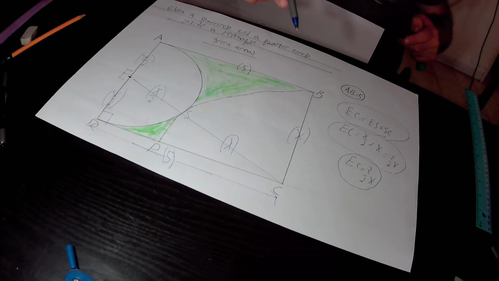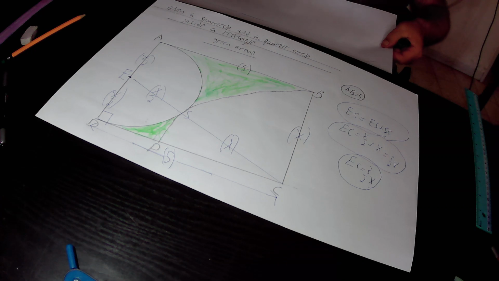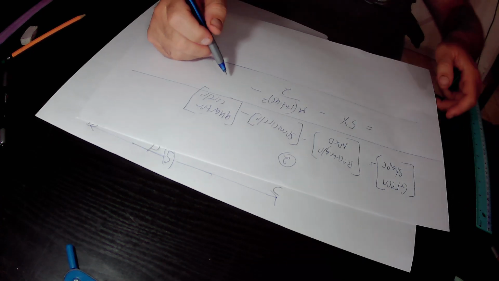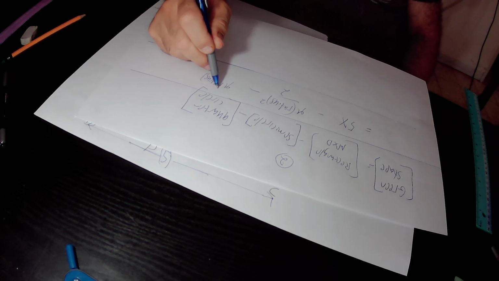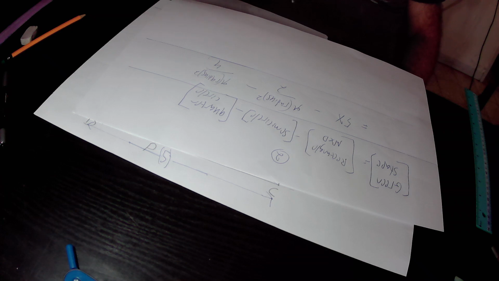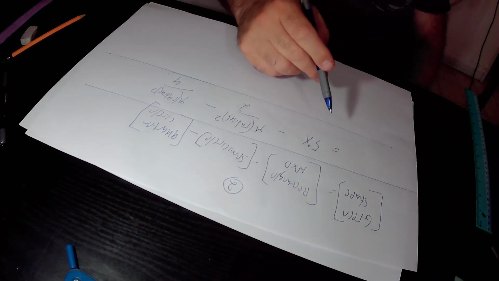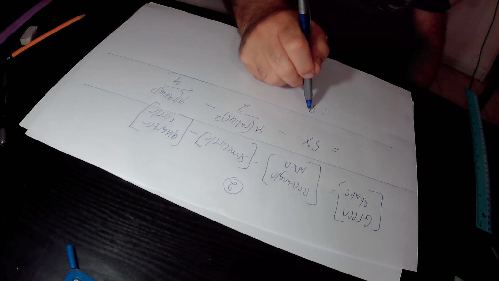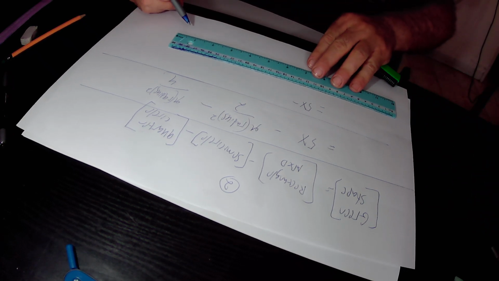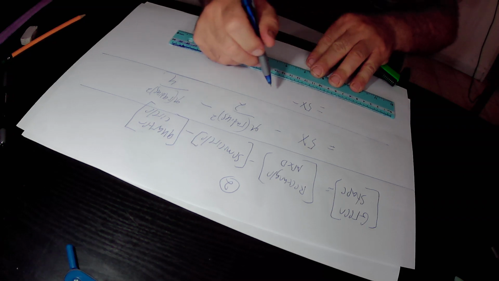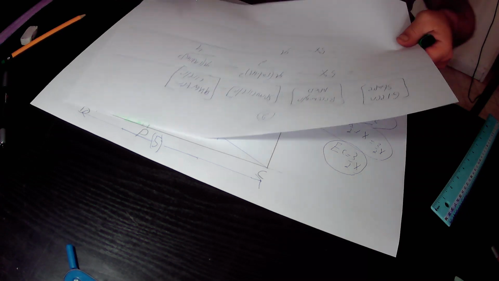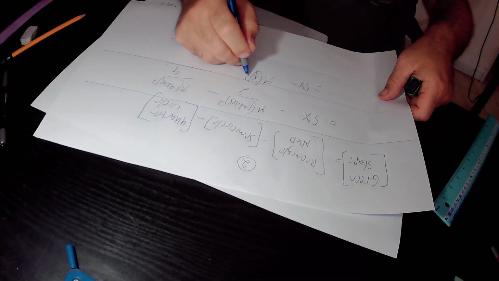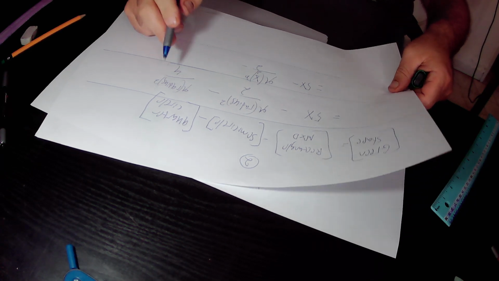The area of any quarter circle equals the area of the circle over 4, and the area of the circle is pi times the radius squared. So in total the area of the green shape equals the area of the rectangle, that is 5x, minus the area of the semicircle, that is pi times x over 2 squared divided by 2, minus the area of the quarter circle.